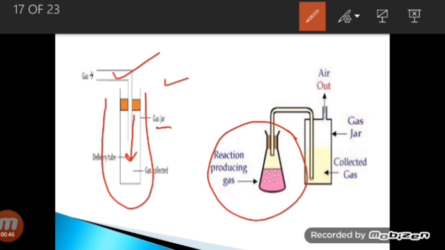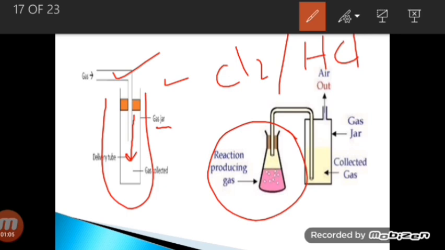The examples of those gases are chlorine, and we all know that chlorine is a greenish yellow color gas, and hydrogen chloride, which is HCl. So whenever there is dry HCl or hydrogen chloride, it will be collected with the help of this setup, with the help of this method, which is called downward delivery.